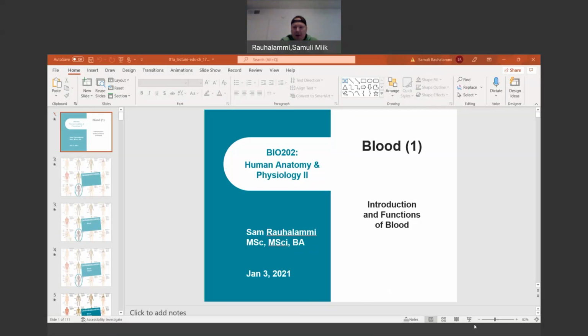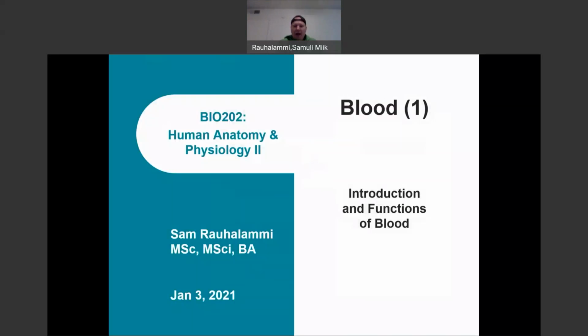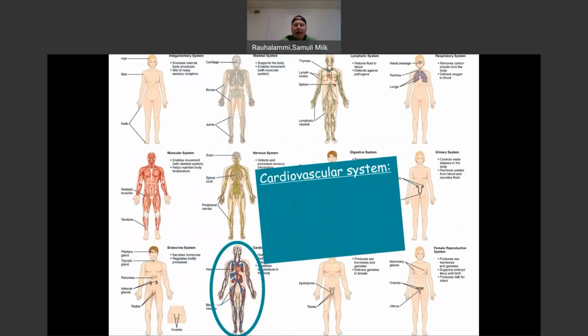So just quickly browsing through, what do you need to take away from the chapter on the blood? Like I said, this is the first of our 3 chapters where we cover the cardiovascular system. After this week, we'll take a 1-week break during which you will complete exam 1 and practical 1.